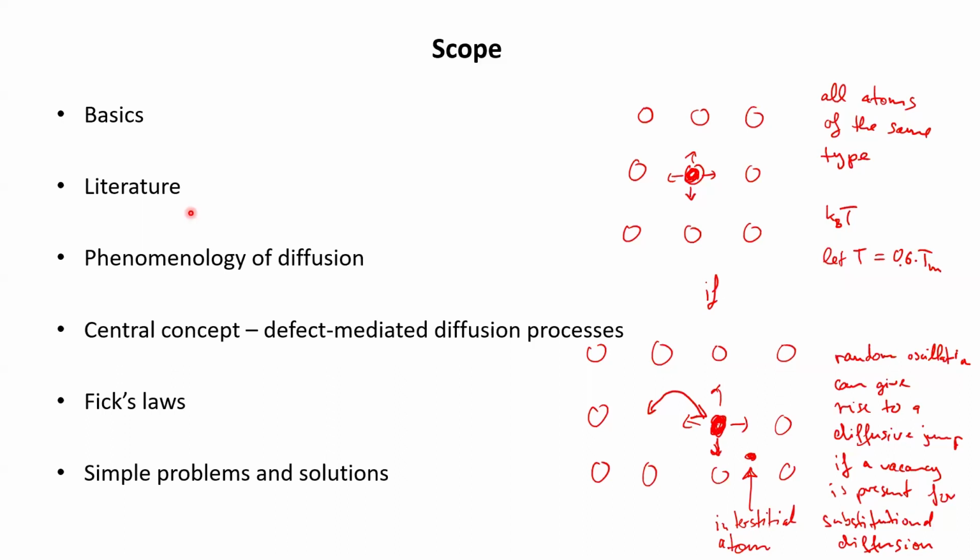Yeah, and then we basically will also have a look at the simple Fick's laws. You guys probably know them already, but I would like still to repeat them, and specifically use that to show you the simple problems and solutions, because we will not go into the fundamentals of diffusion.